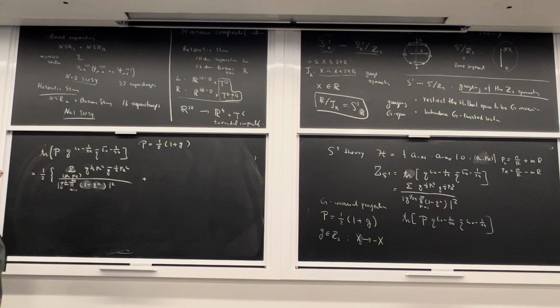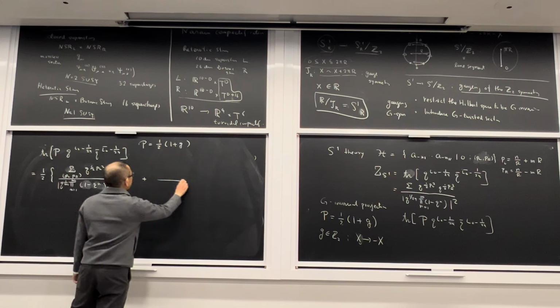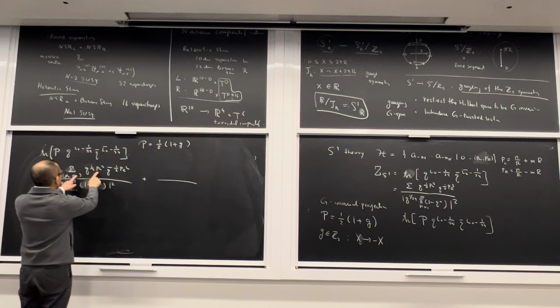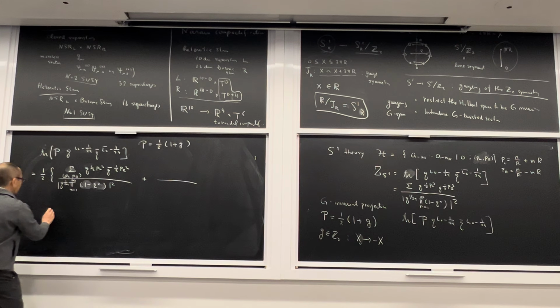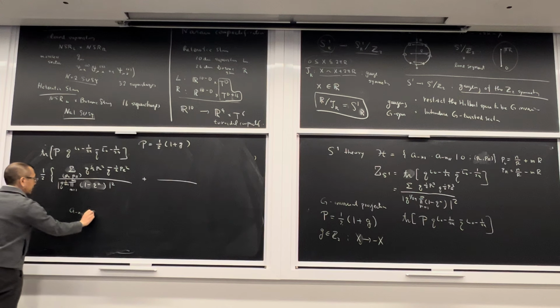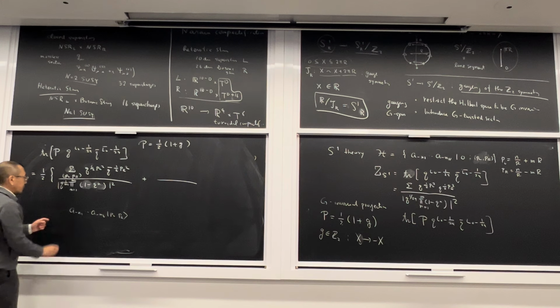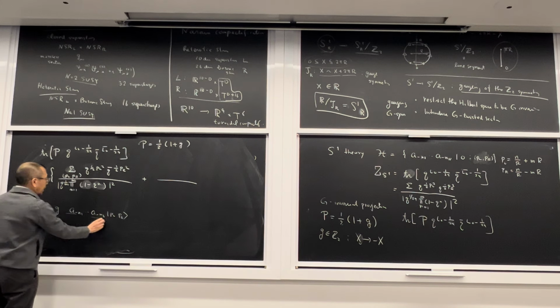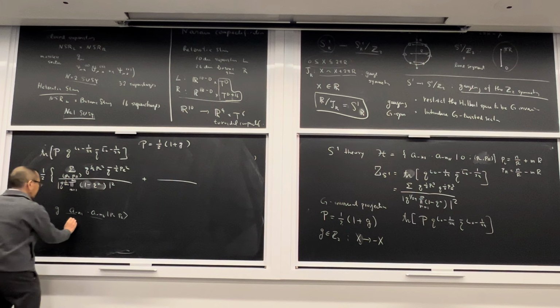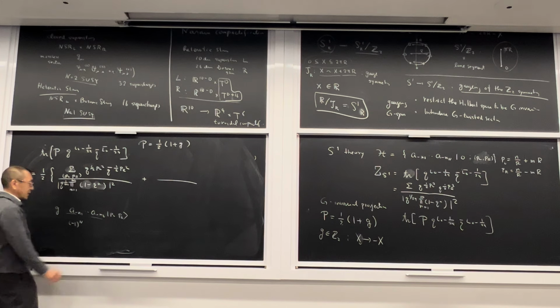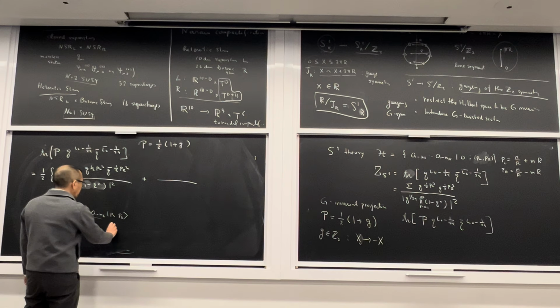First of all, what this means is that if the state has non-zero momentum, and you act G on it, it flips every one of these oscillators. So it gives you minus 1 to the n, the sign. And moreover, it flips the momentum.